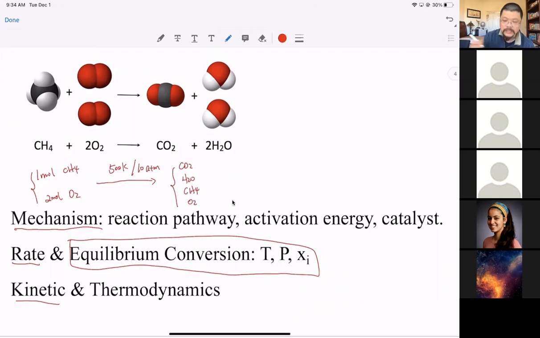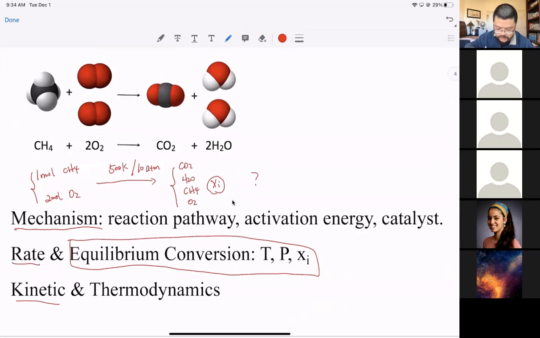So in that reactor, what would be their composition? Let's use Xi to express their composition. And if I manipulate the temperature and pressure, am I going to produce more CO2, or will the reaction yield actually decrease? This is a question we try to answer in chapter 14.